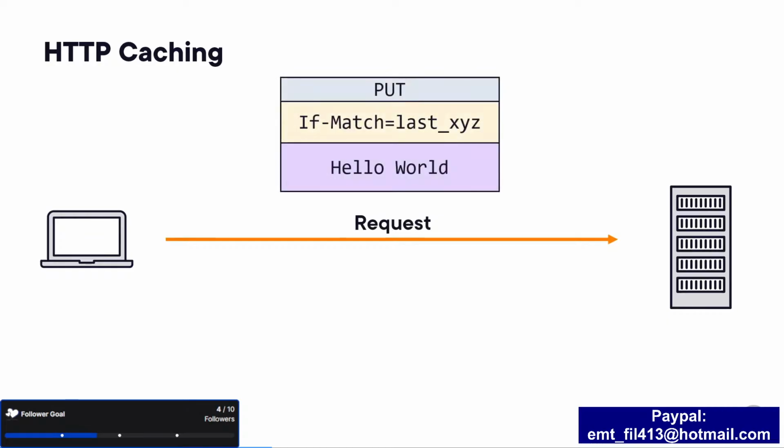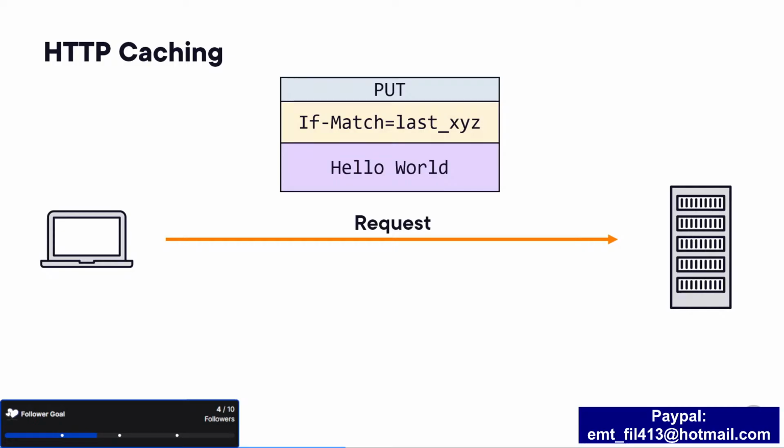When you're doing puts, you can use if match. So you have that version number still, but if match is saying, go ahead and update this if it hasn't been updated in the meantime. That last XYZ is some magic string that's going to tell the server what the version is that you retrieved.